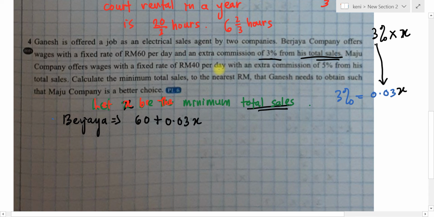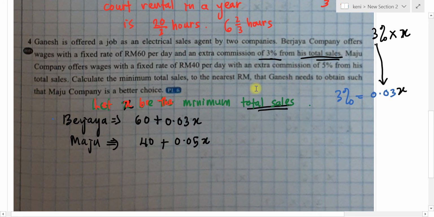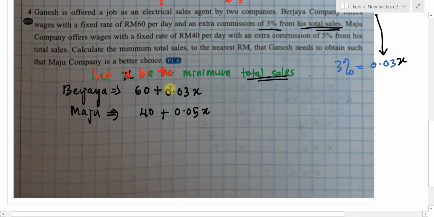And Maju company is 40 ringgit and 5% of his total sales, so it will be like that. 5% changes to 0.05.